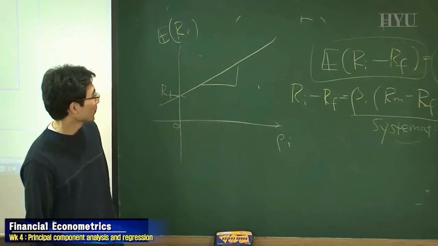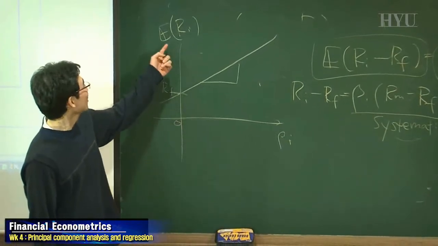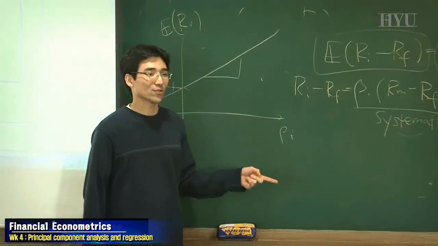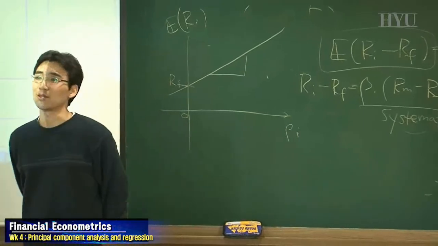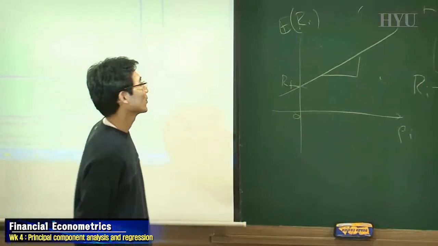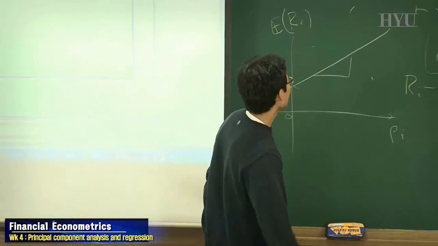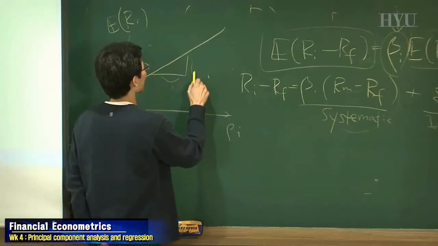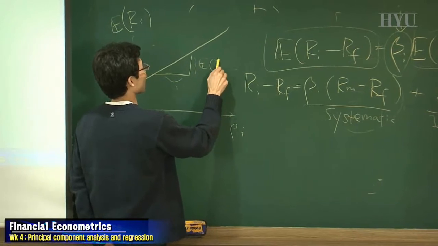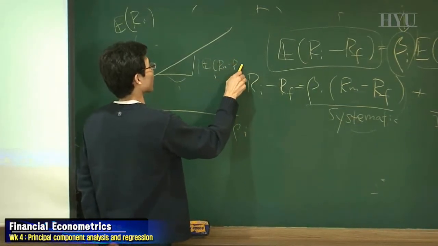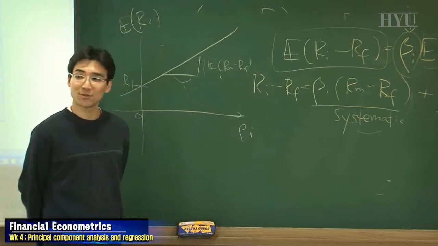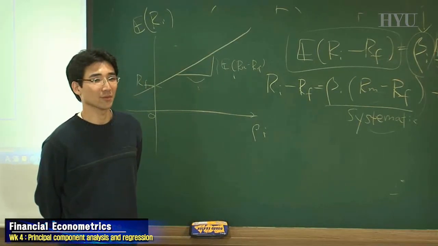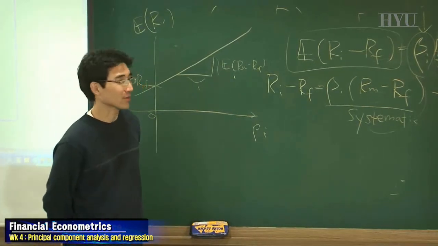What I want to show is that excess return is just a linear function of beta and entirely driven by beta. And what is the slope? The slope is simply the market premium, right? So this is what the capital asset pricing model says.